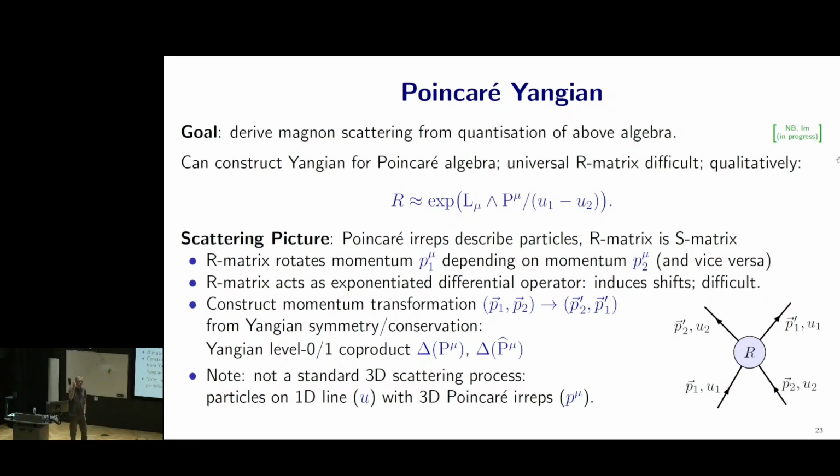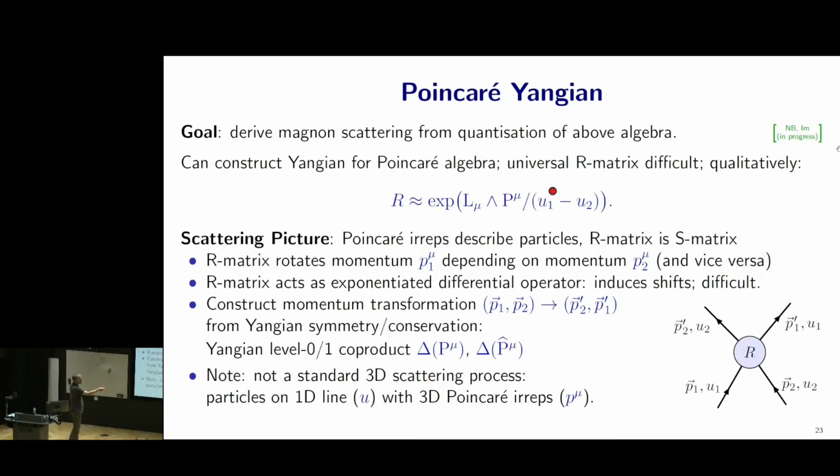It will rotate the momentum of this particle, but not in a straight way; it depends on the momentum of the second particle. So if you have two particles coming in, one momentum is rotated depending on the other particle's momentum, and vice versa.